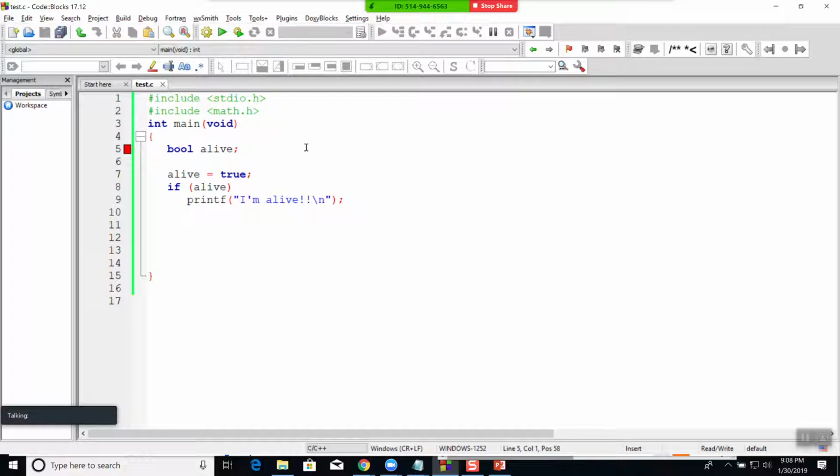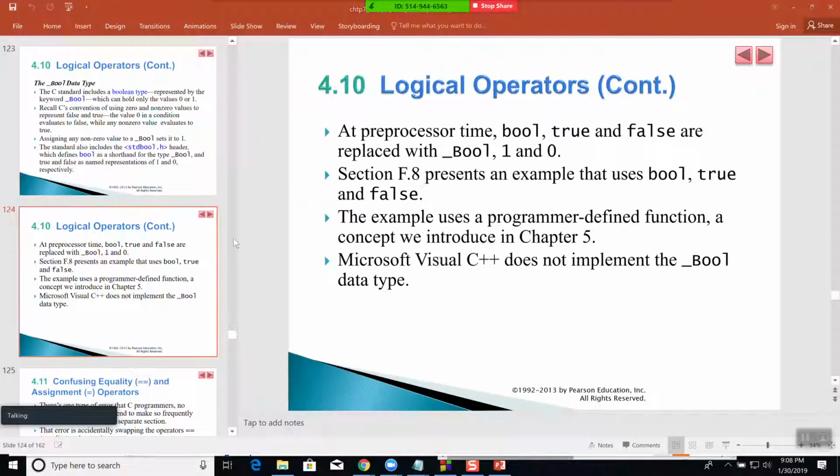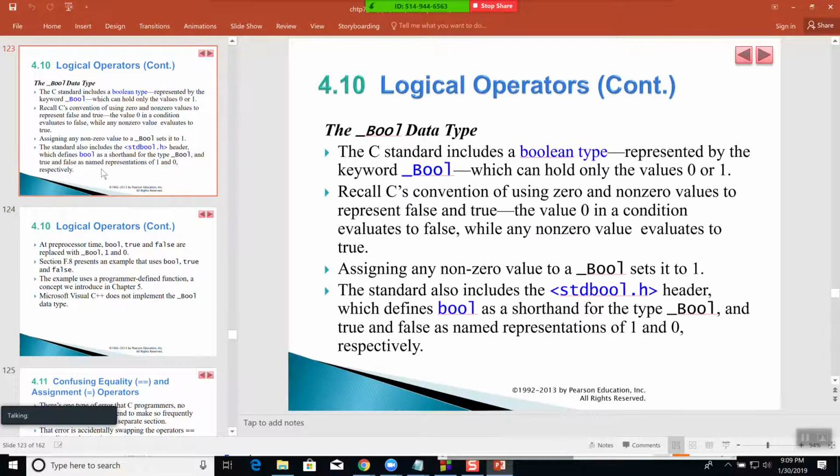Now, if I run this, that doesn't like something. Boolean alive. Is it uppercase? I thought I copied that from what they had. Look for the example.